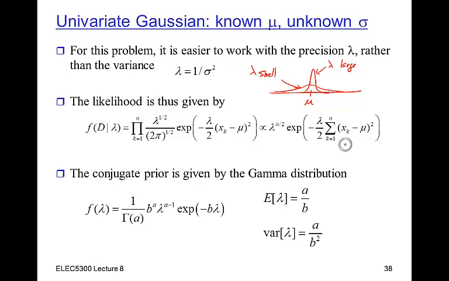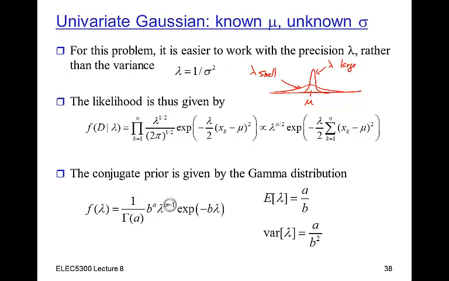So I just sum over all these individual data points inside there. If I look at this form, then the conjugate prior has to be lambda taken to some power times e to the minus something times lambda. And that's exactly the form of the gamma distribution.